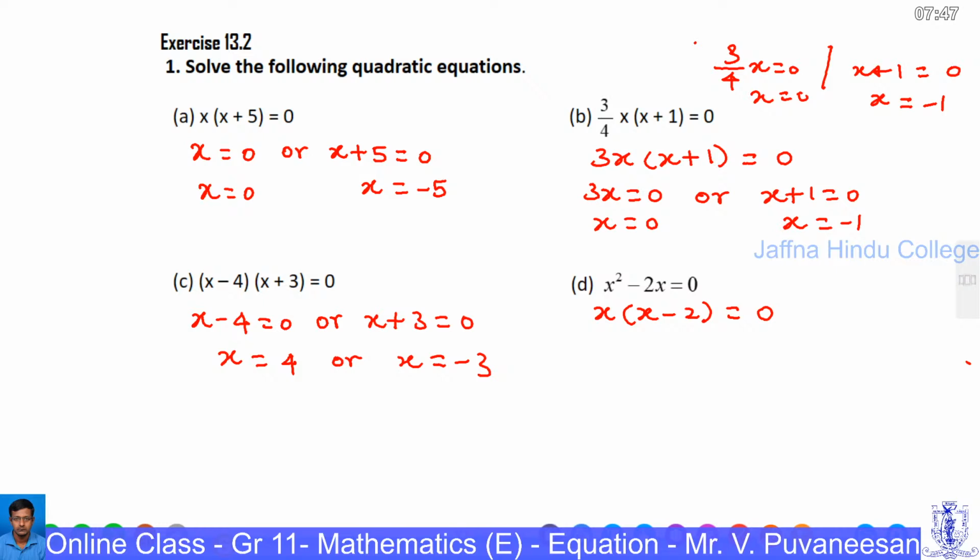Then we can come to the conclusion that x is equal to 0 or x minus 2 is equal to 0. So x is equal to 0 or 2. I think we already learned this lesson in grade 10, so you can do the exercise very easily.